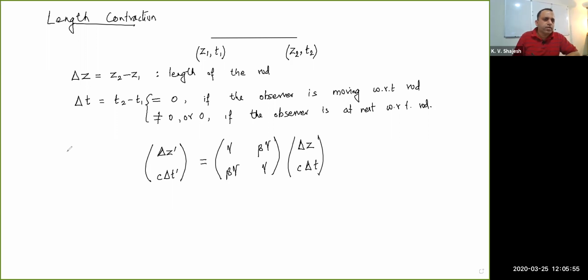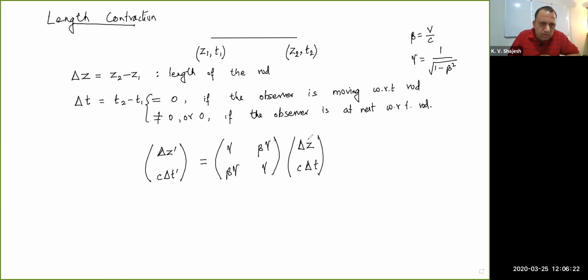Here, beta is the relative velocity. I should point out beta is v over c, v being the relative speed between the two observers, and gamma is equal to 1 over square root of 1 minus beta square.